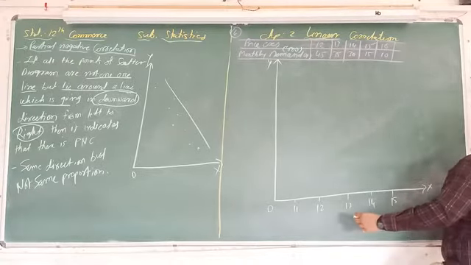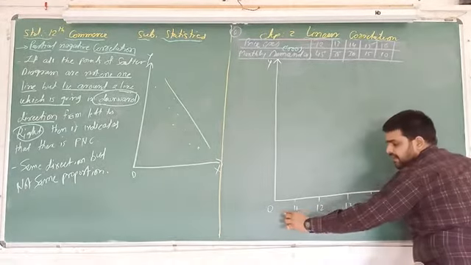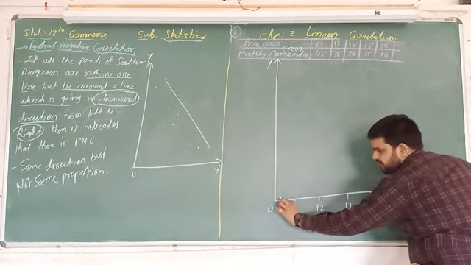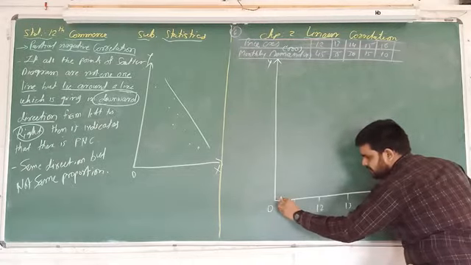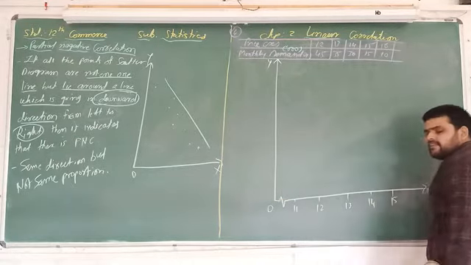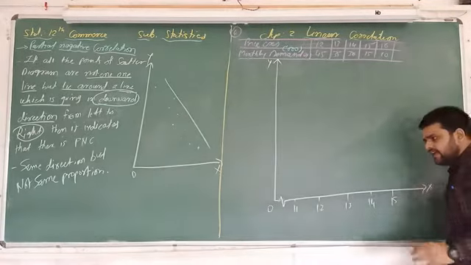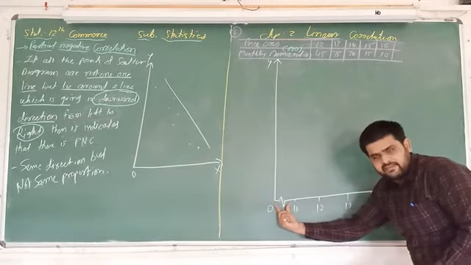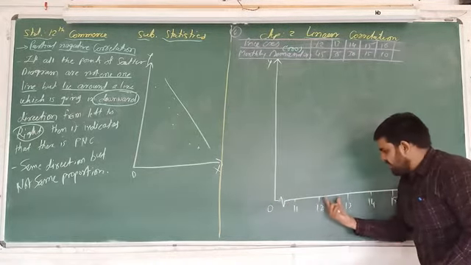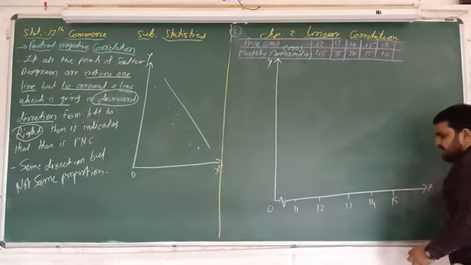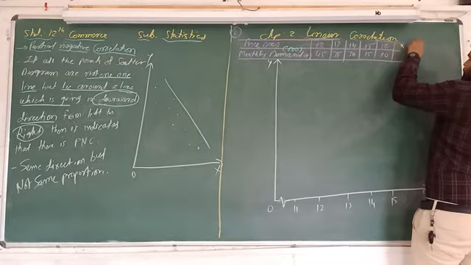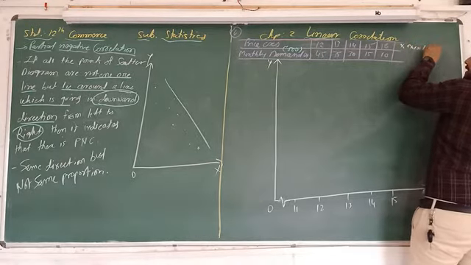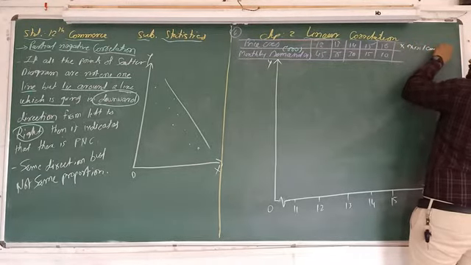See, here we start from the origin 0, but then we take 11. So we have to draw one symbol, and that is a zigzag. It shows that in this particular line, from 1 to 11 is skipped. Then on the x-axis, 1 centimeter is equal to 1 rupee.